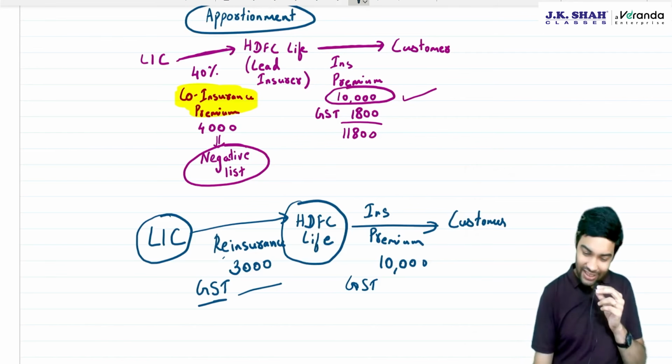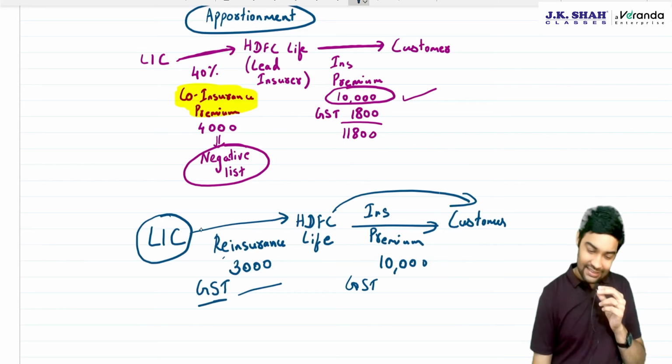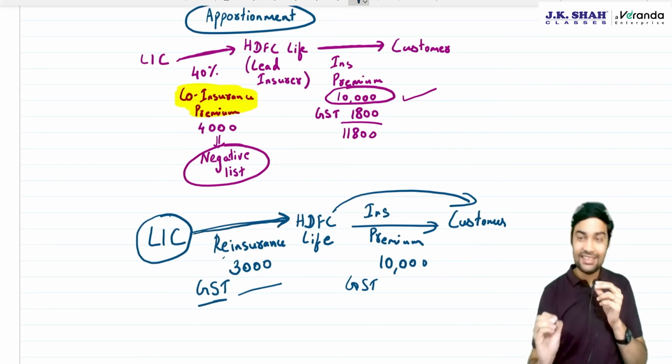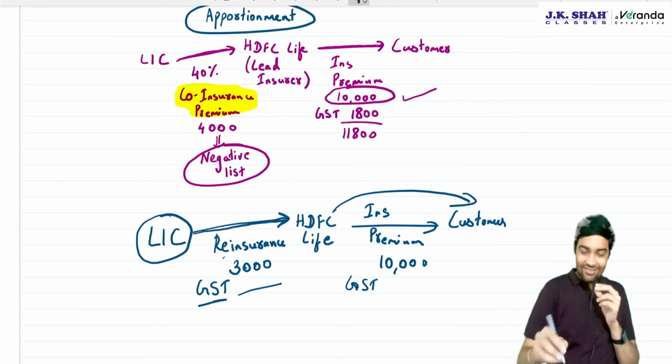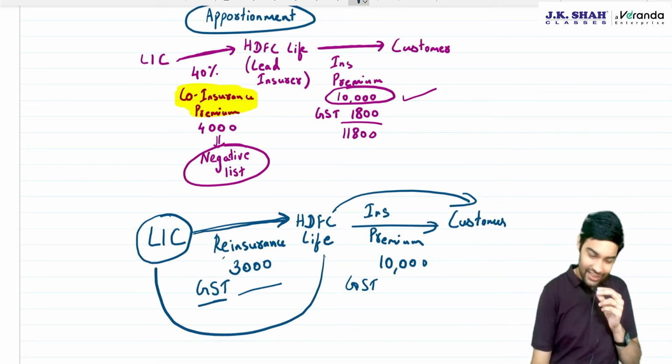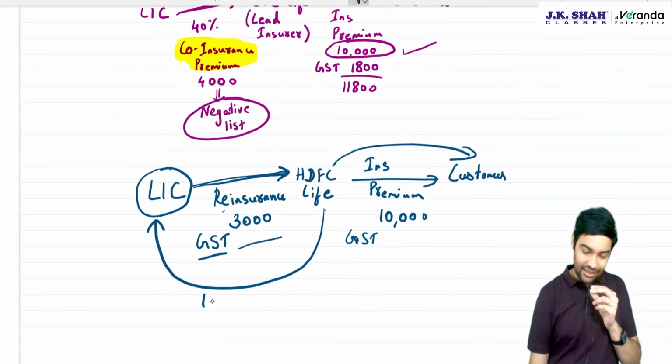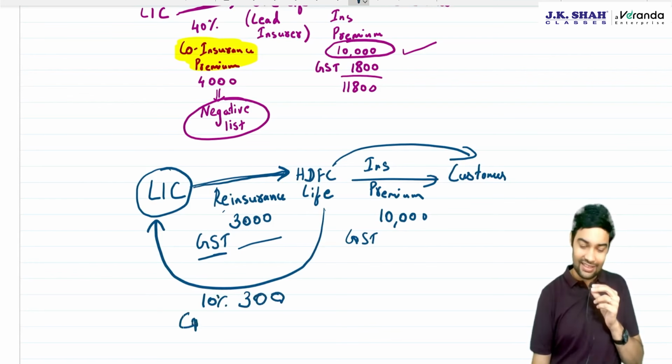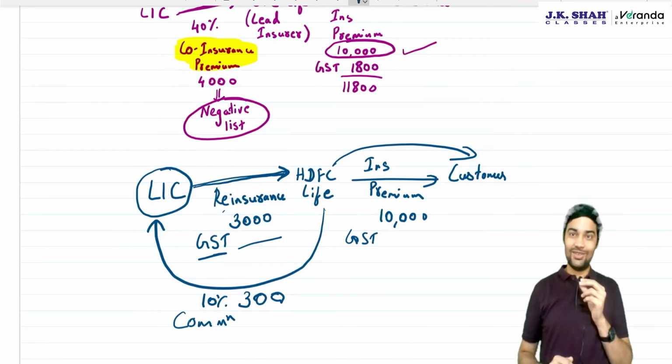HDFC Life is providing service to customer. LIC is providing service to HDFC Life. Now, HDFC Life says, I am also providing you service. I want a 10% commission or a 20% commission on this 3,000, that is 300. This will be my commission. So, HDFC Life also wants some commission on this.